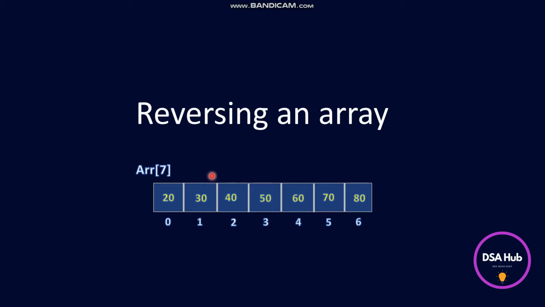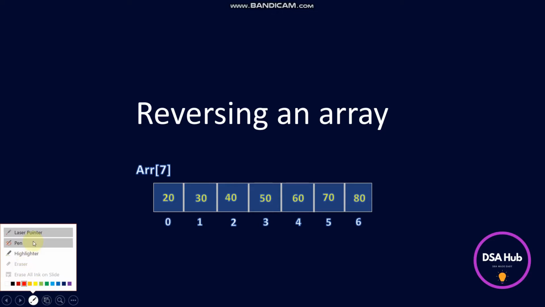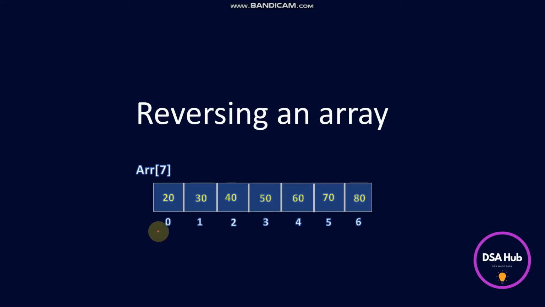Now, let's jump ahead into the approach. What do you guys think actually happens when we are reversing an array? Today we are going to look exactly into that. When you say we are reversing an array, what we actually do is write the elements from the highest to lowest index.